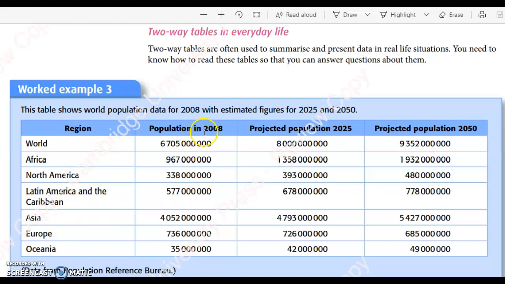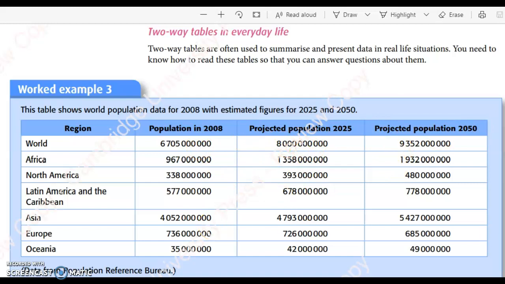Then the population in 2008, the projected population in 2025, and then the projected population in 2050. So the number is increasing, right?